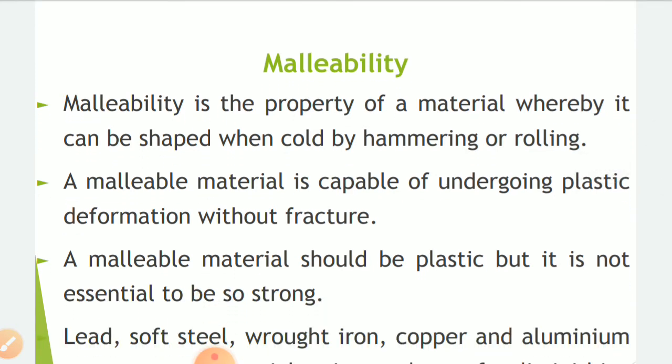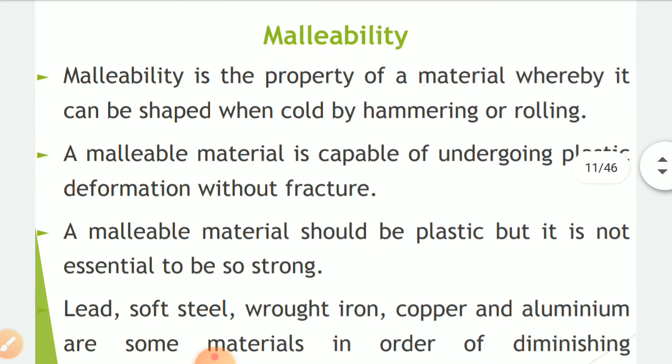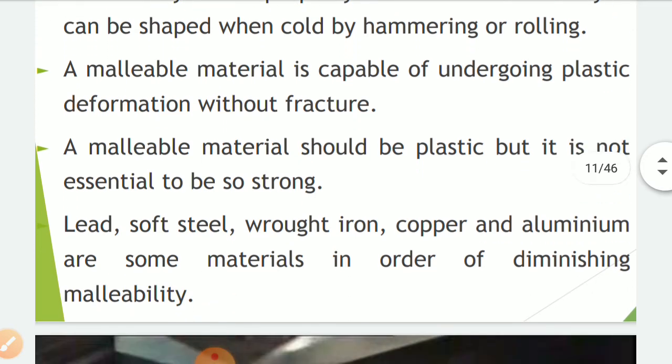A malleable material should be plastic, but it is not necessarily strong, because generally strong materials will not undergo much deformation. Lead, soft steel, wrought iron, copper, and aluminum are some of the materials in order of decreasing malleability.